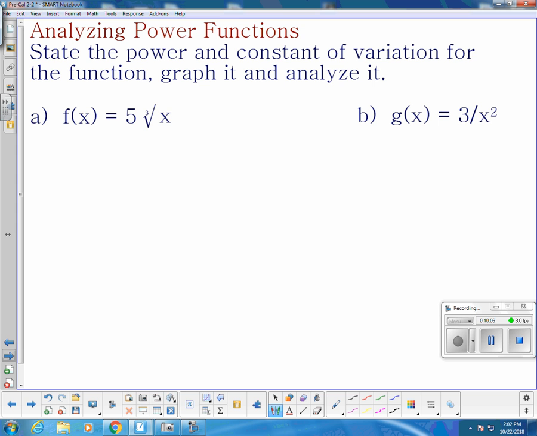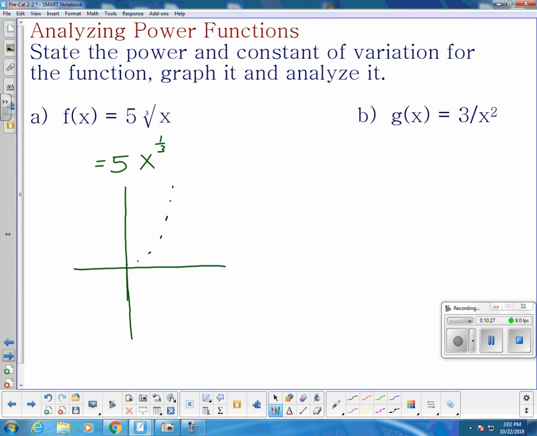Let's look. Here we go. How would I write cube root of x with a rational exponent? 1/3. So we are going to start, it's positive, so we're going to worry about our first quadrant. How is it going to look? I'll give you some choices.